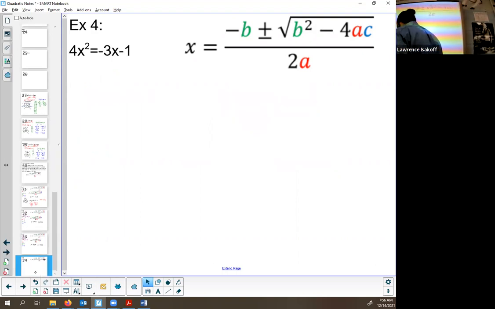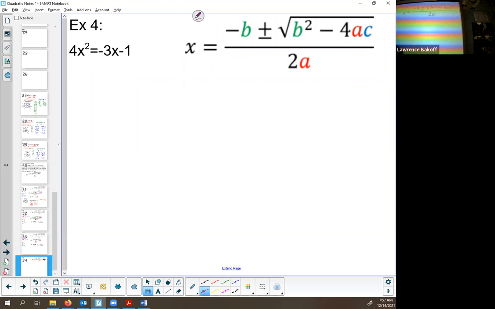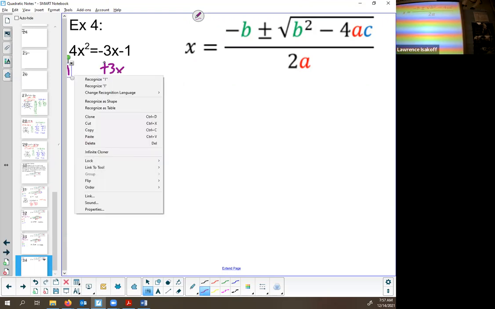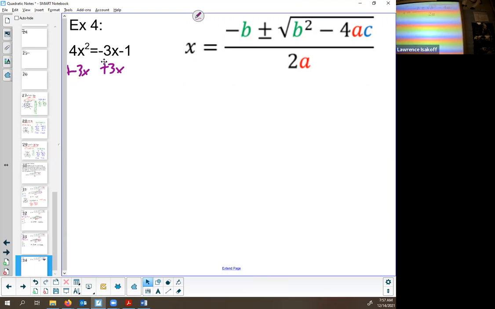Okay, so this is definitely not equal to 0 right now, is it? So how am I going to get rid of both of these things here? Add 3x to both sides, and what else? And add 1 to both sides. So that gives me 4x squared plus 3x plus 1.